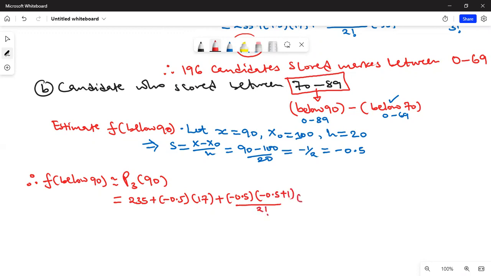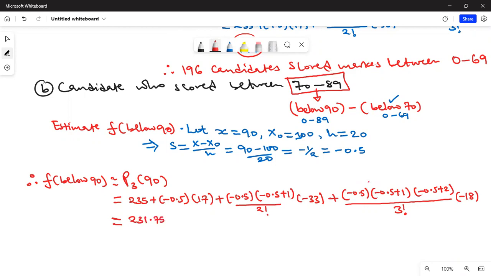The other one is negative 33, plus negative 0.5, negative 0.5 plus 1, negative 0.5 plus 2. This is over 3 factorial, and the other value is negative 18. When you press this into your calculator, you need to get 231.75.